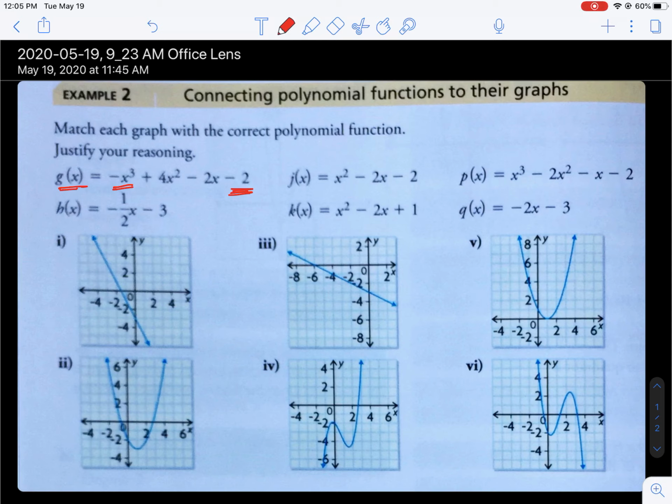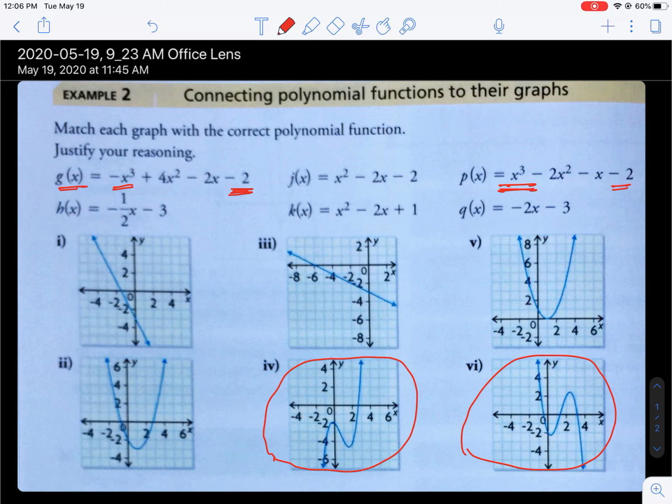Let's see if we can locate our cubic graphs in the graph. So I can see I've got two cubic graphs. This is one cubic graph. This is the other one. That means I should have two equations for cubic graphs. So this is the other equation. If you see the power is 3, that tells me it's a cubic equation.